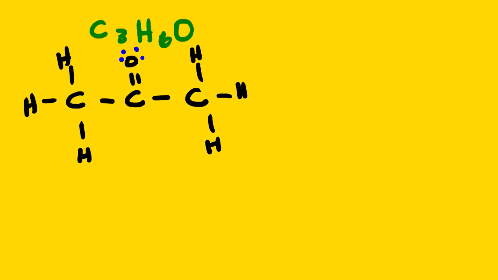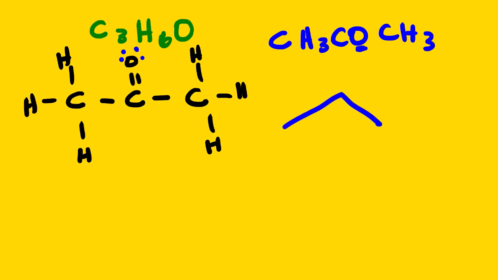In this case, if we were to write a condensed structure, it will be CH3COCH3. This simply means that our oxygen is on the second carbon. Then looking at the skeletal structure, we're going to have something like this.